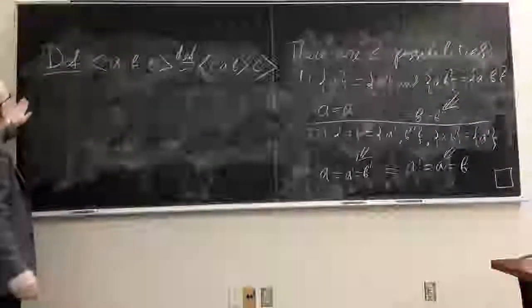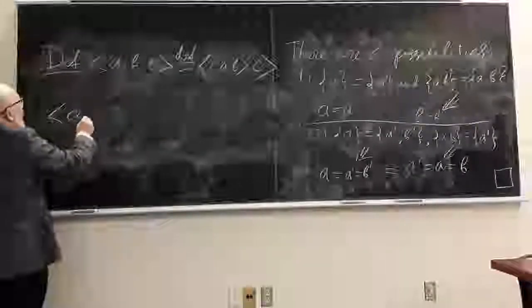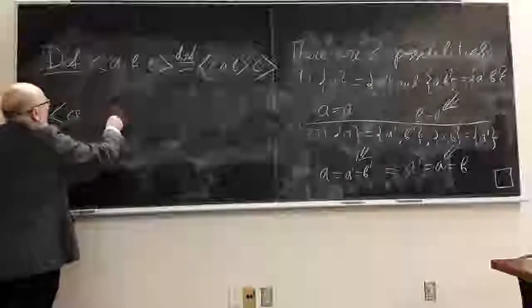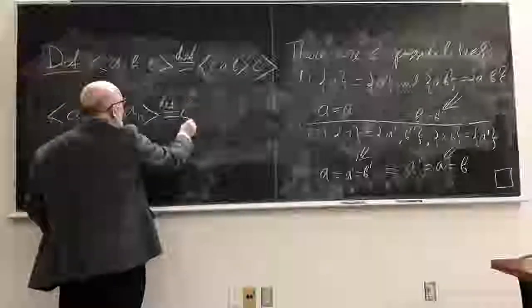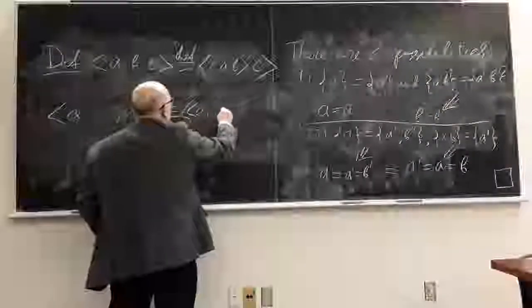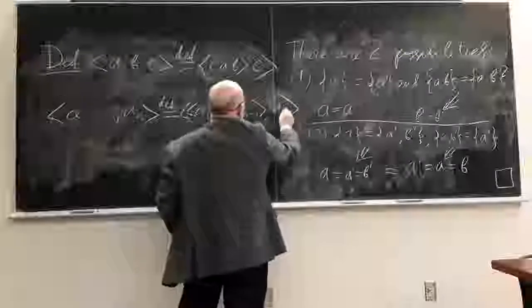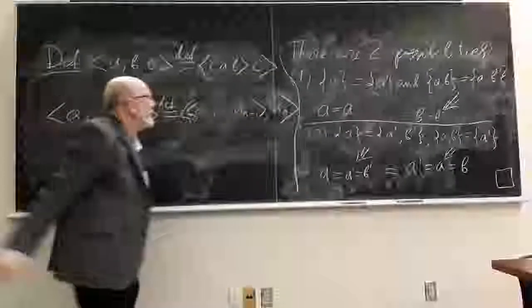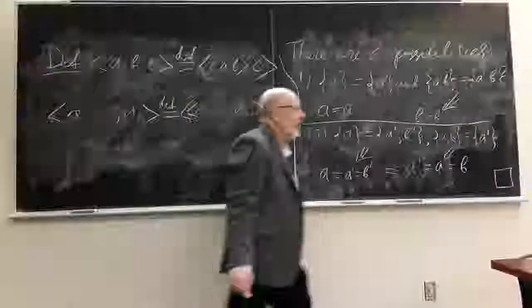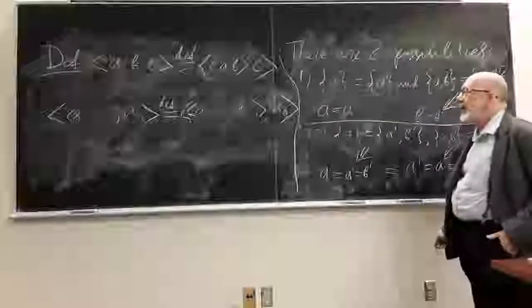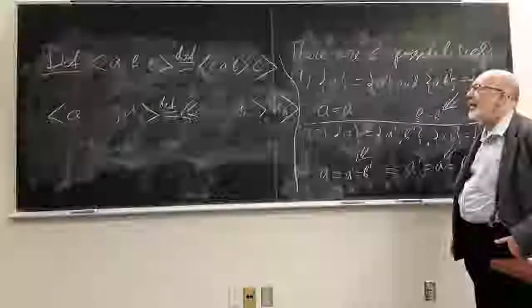And similarly, going by induction, (A1, ..., AN) equals by definition ((A1, ..., AN minus 1), AN). So by induction we define these ordered tuples for any finite number.